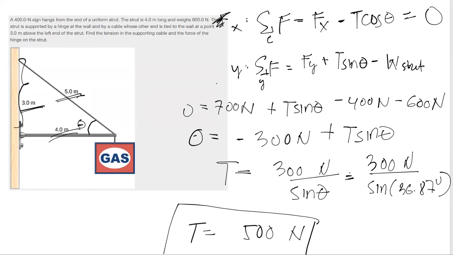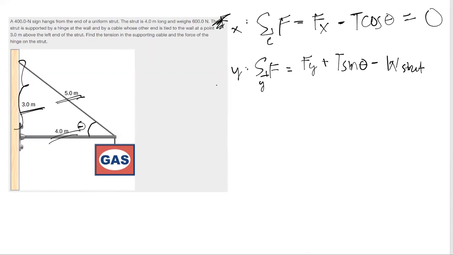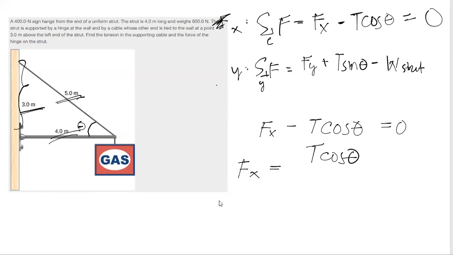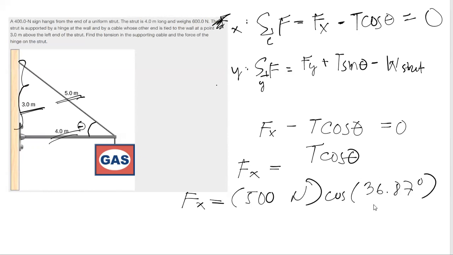So now that we know the tension, let's go to the x component equation. So we have Fx minus T cosine theta equals 0. So Fx is equal to T cosine theta lang. So we should get 500 newtons times cosine 36.87 degrees.